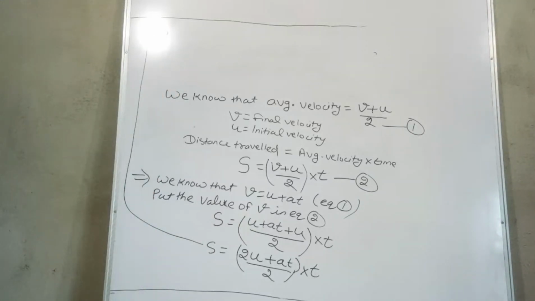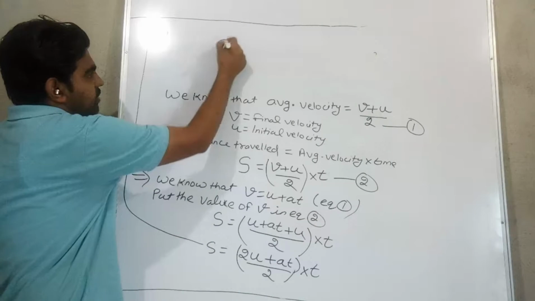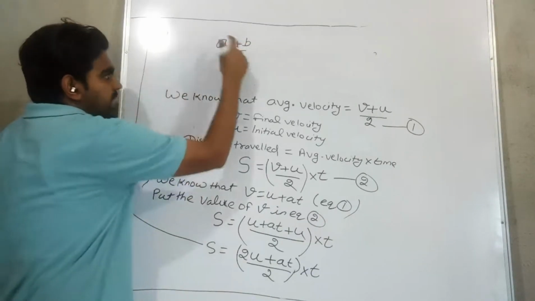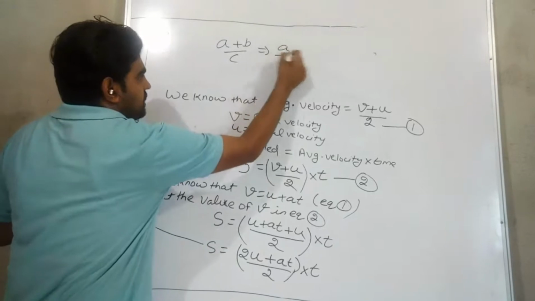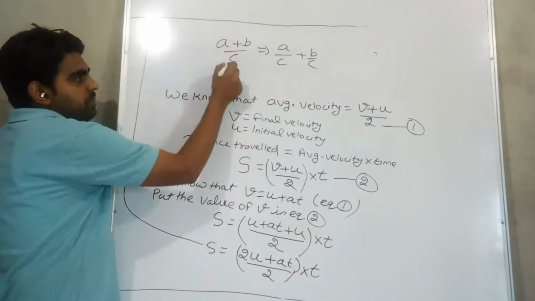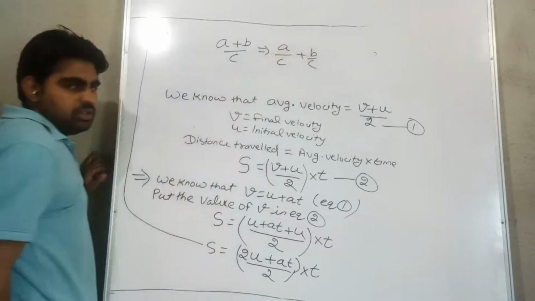We know that if we take a plus b upon c, we can break it as a upon c plus b upon c.